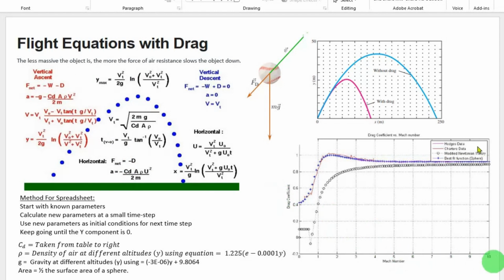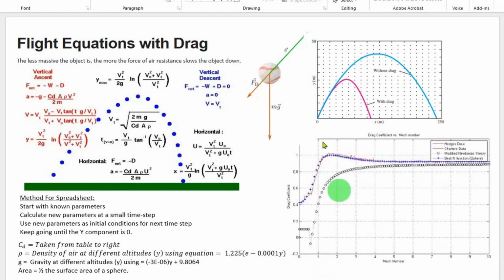I pulled it from this graph that I found from a NASA publication of drag coefficients of spheres versus Mach number. So this goes all the way up to Mach 10, and this is the line that I used, the drag coefficient that they experimentally verified for spheres based on these Mach numbers.